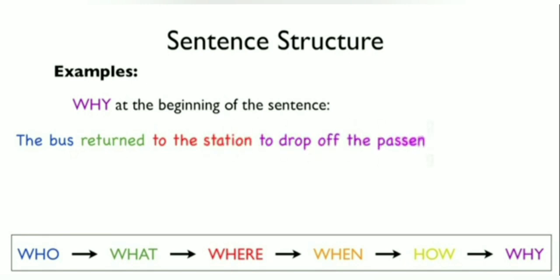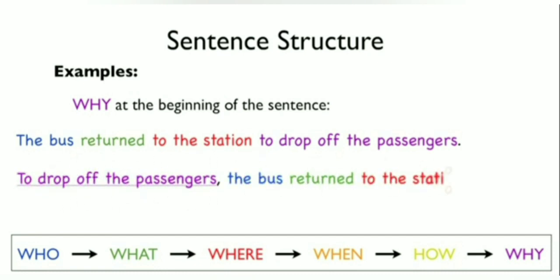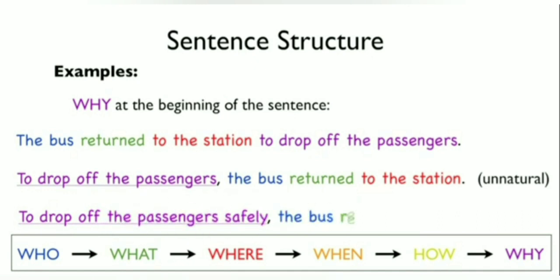Certain sentences have why at the beginning of the sentence. The bus returned to the station to drop off the passengers. To drop off the passengers, the bus returned to the station. It's unnatural. To drop the passengers safely, the bus returned to the station.